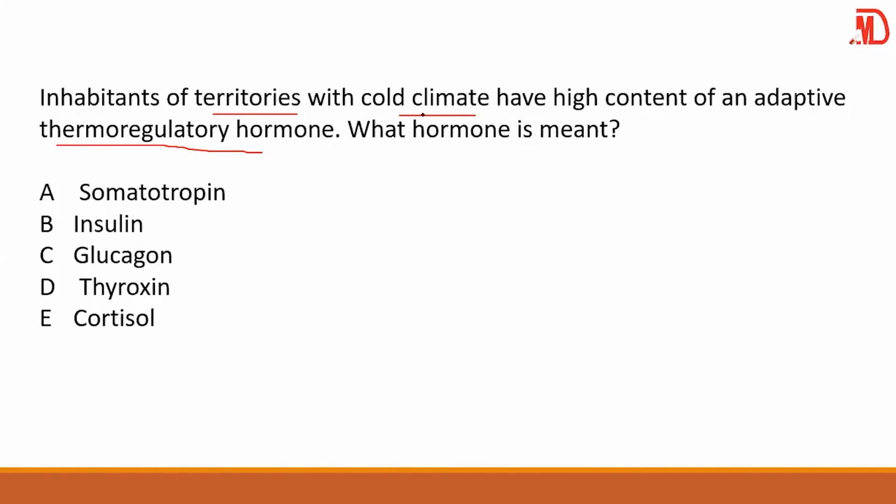And thyroxine increases heat production in the body by either cellular metabolic processes or the basal metabolic rate. So here we are looking at thyroxine. Don't forget, the person is in territories with cold climate. So this thyroxine needs to be produced in large amounts to produce heat to protect these inhabitants. So thyroxine is your answer.